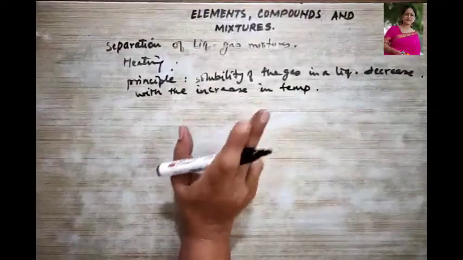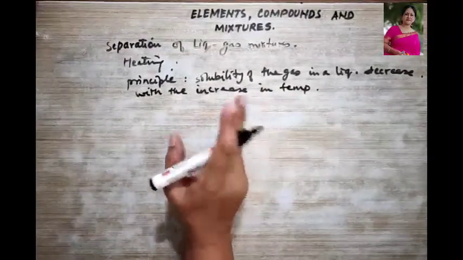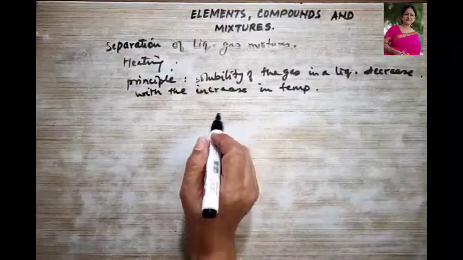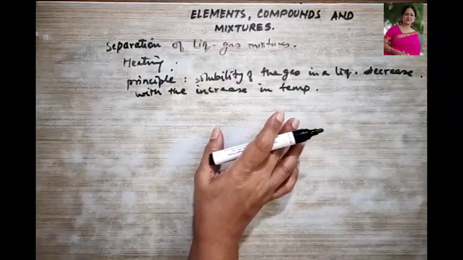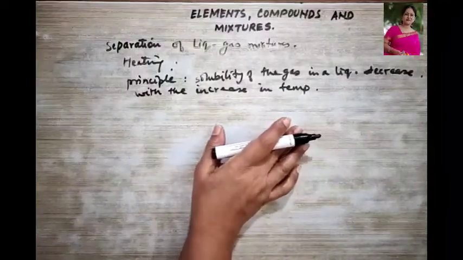Okay, so when the mixture of the gas is in the liquid state, the gas escapes out from the solution and the liquid solvent is left behind in the container.